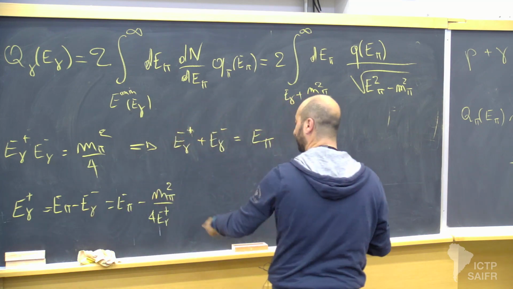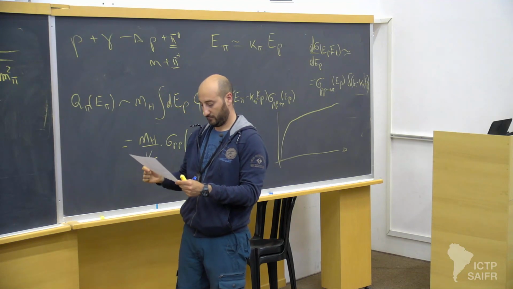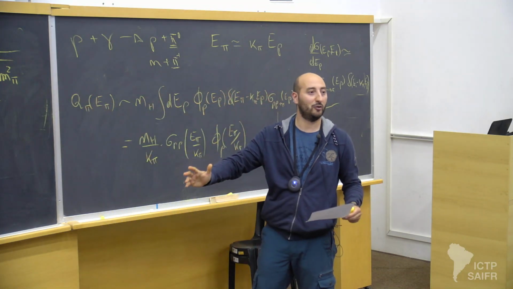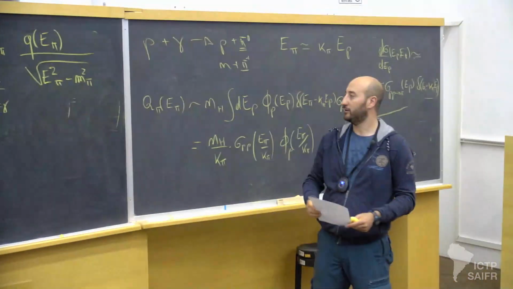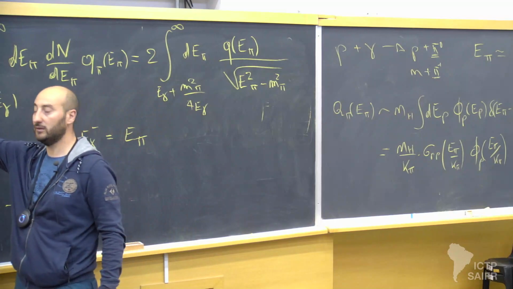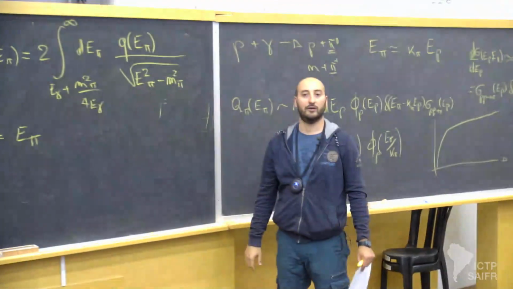And if you resolve this, you will get this expression. Okay? Armed with this, now you are powerful. You can compute the gamma ray spectrum, the source term, for a given pion source term.